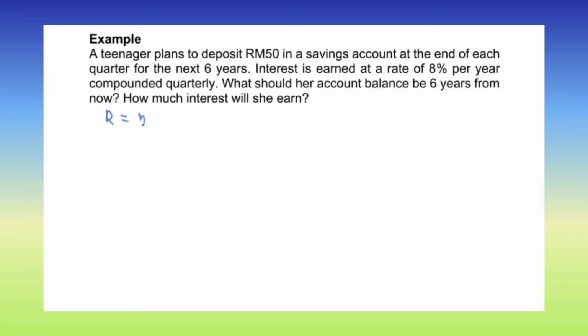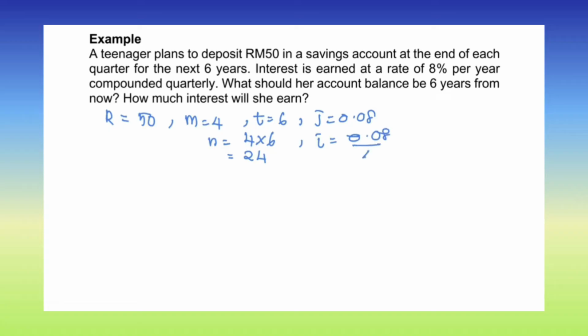R equal to 50, M equal to 4, T equal to 6, J equal to 0.08. Therefore, N equals 4 times 6 equals 24, and I equals 0.08 divided by 4.